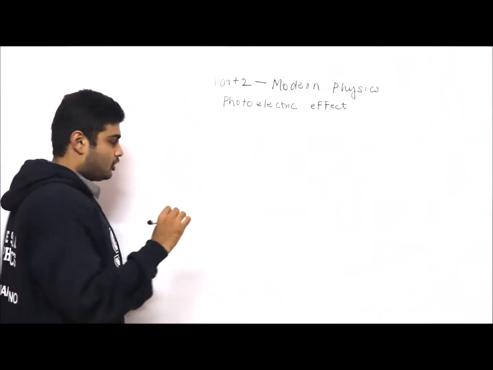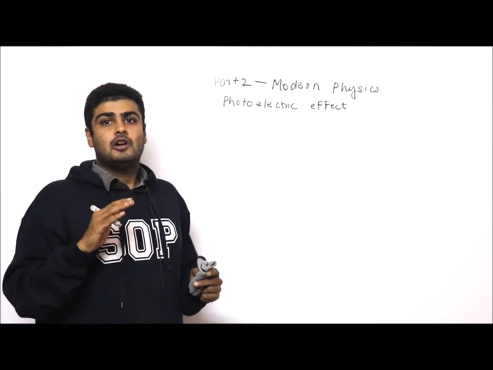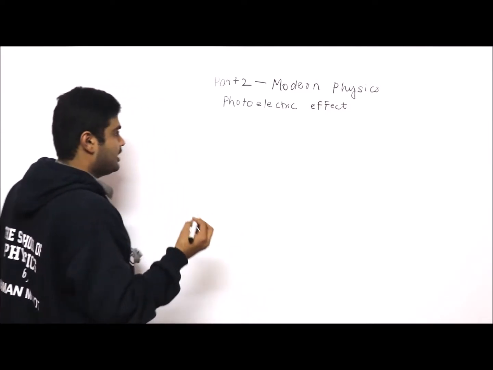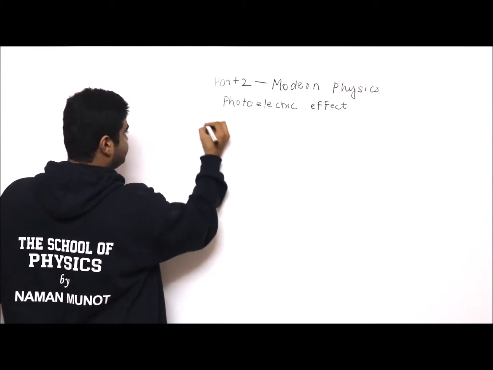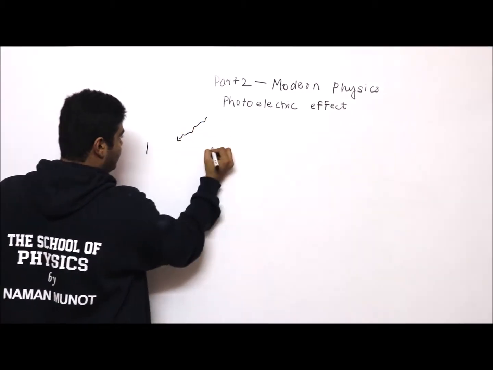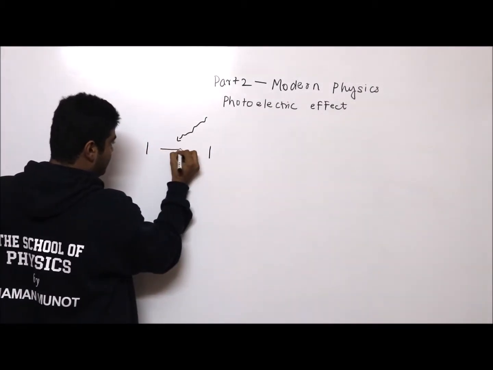So I'll just draw a very rough apparatus of what the photoelectric effect looks like. Here we have some sunlight. Here we have a current I flowing.